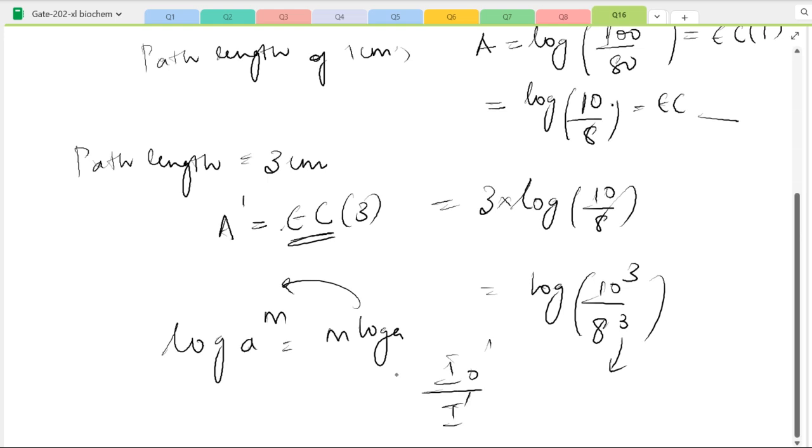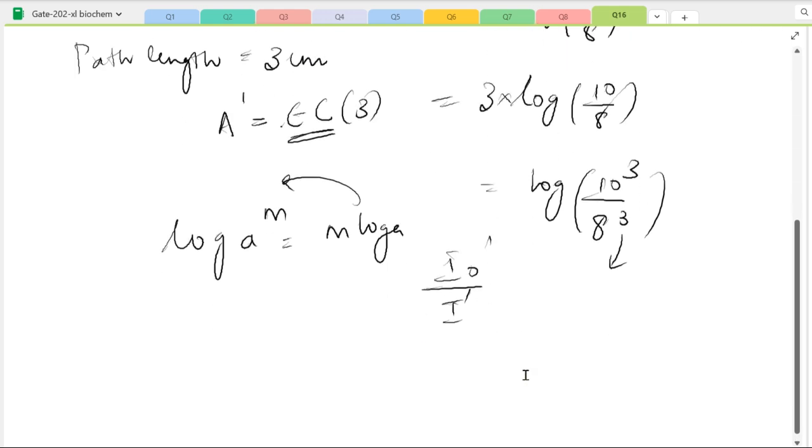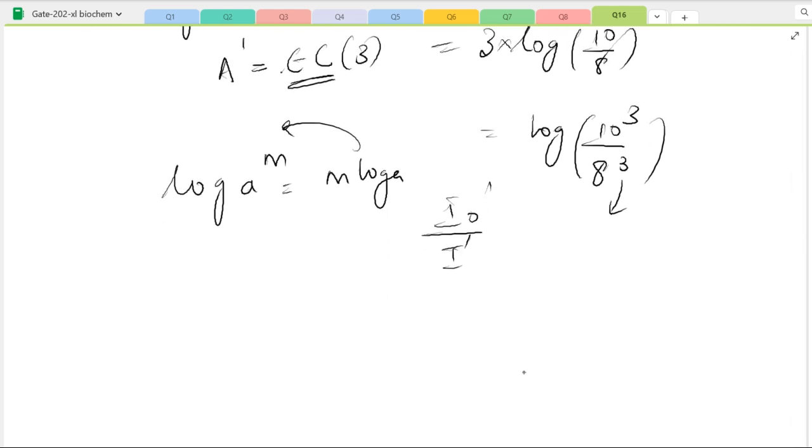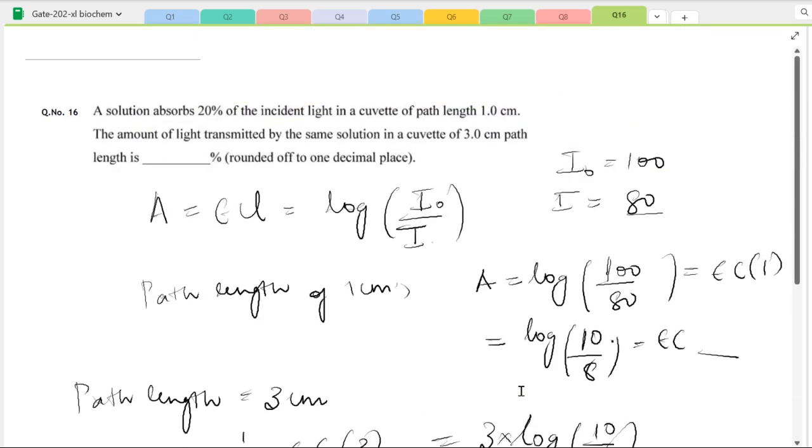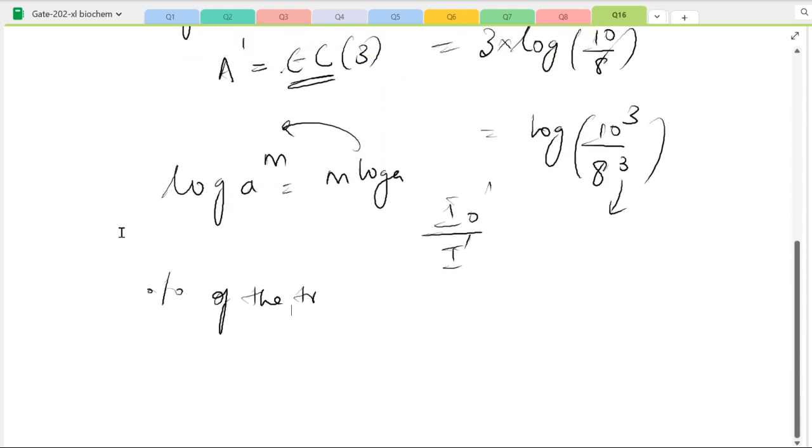So if we write this in terms of percentage, how would we convert this? The point is that we need to know the percentage of the transmitted light, right? That is what is asked in the question: what is the amount of light transmitted by the same solution for a path length of 3 centimeter, in percentage. So let's shift the numerator and the denominator here.